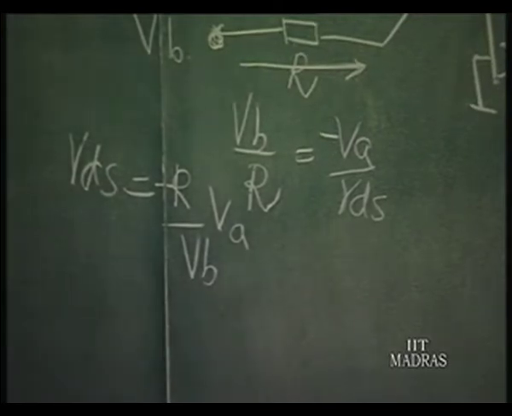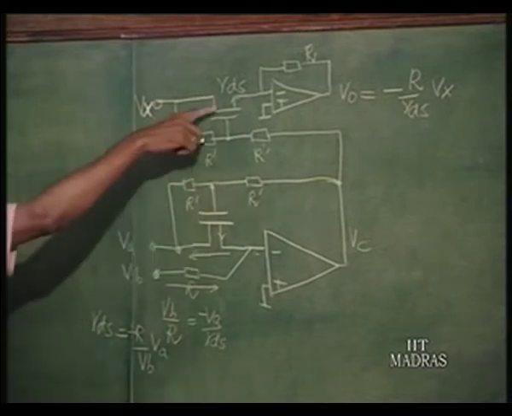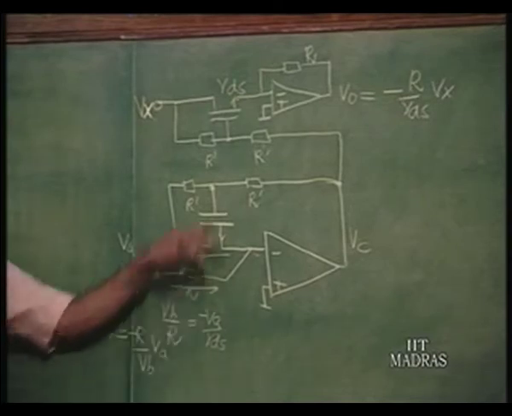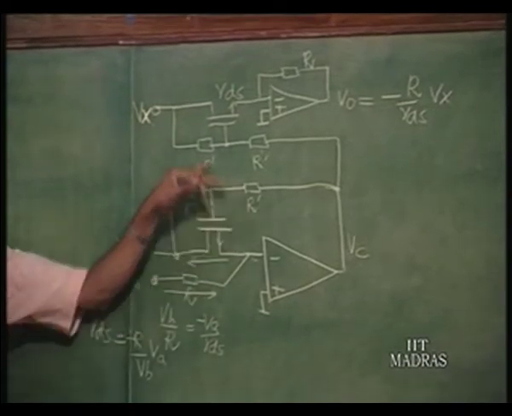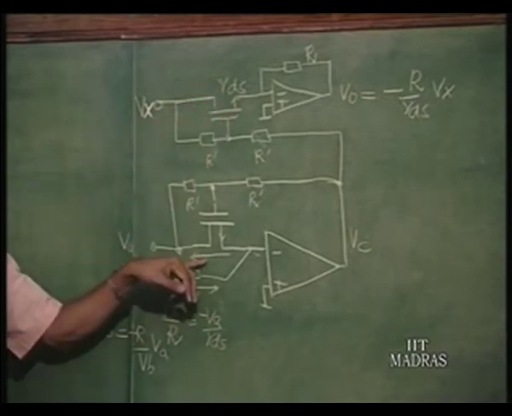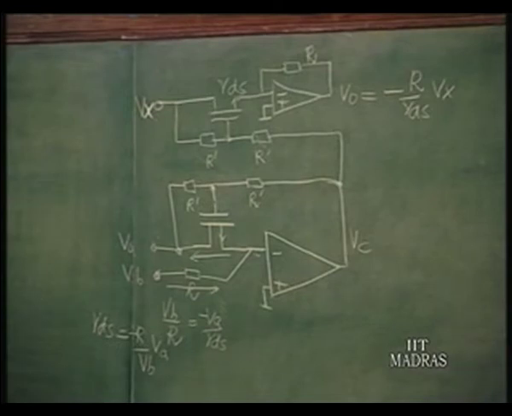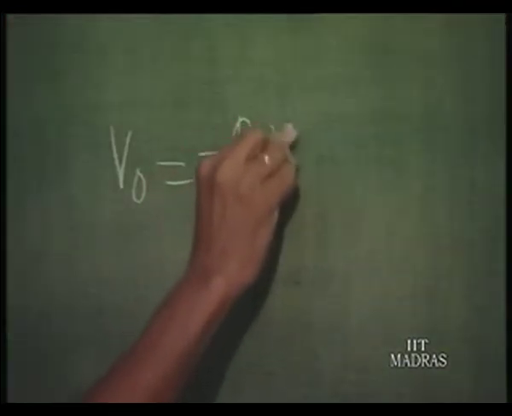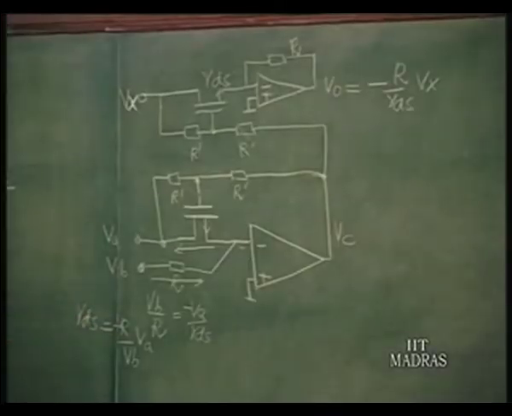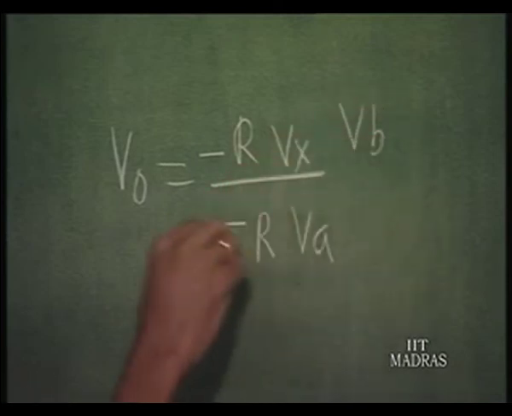Now, this we can substitute there. That RDS and this RDS are one and the same, because they are getting the same control voltage. Since they are getting the same control voltage, this RDS is the same as this RDS, and therefore V naught is going to be equal to minus R Vx divided by minus R VA by VB.